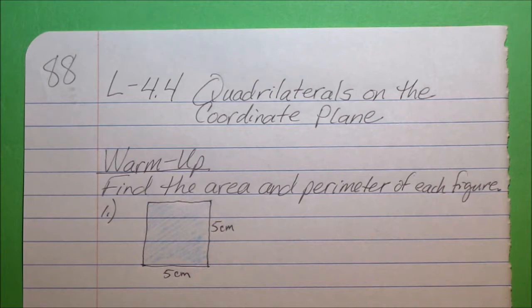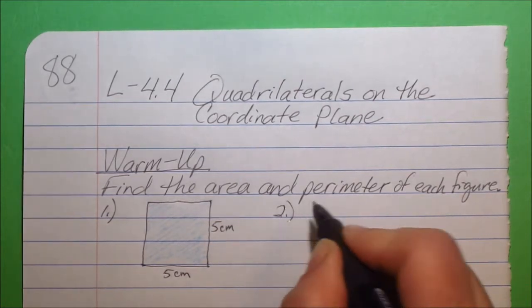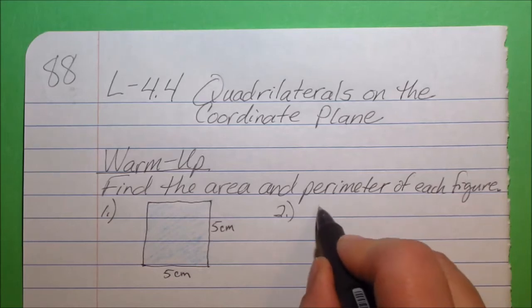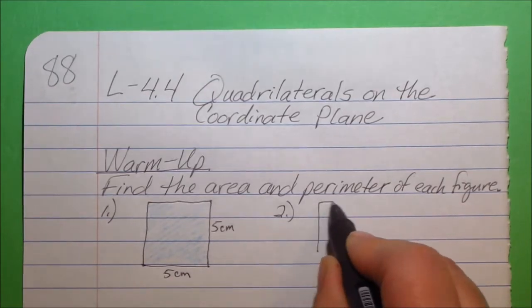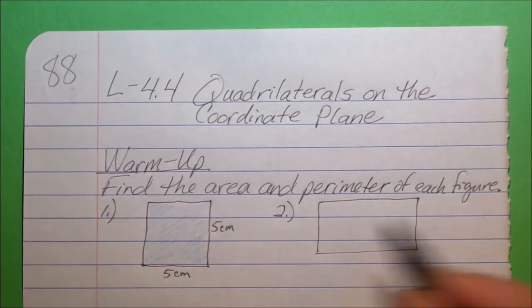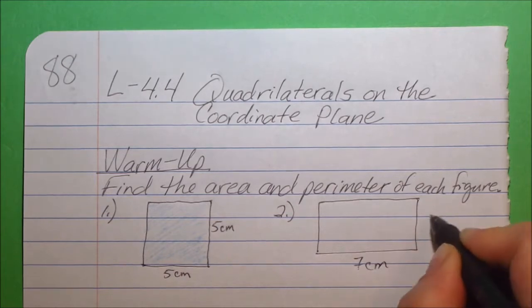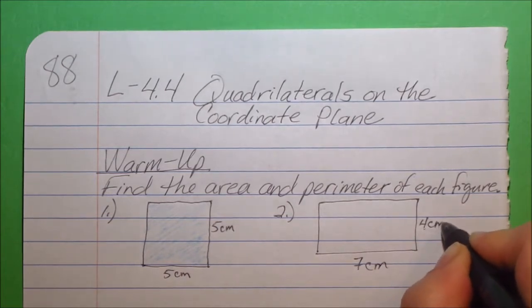So perimeter and area. All right, and the second figure, number 2, has measurements of 7 centimeters and 4 centimeters.